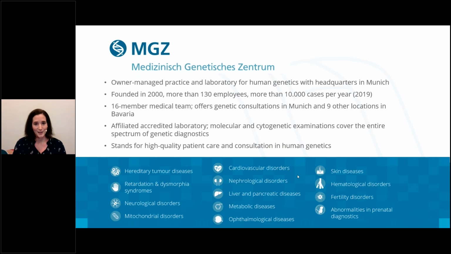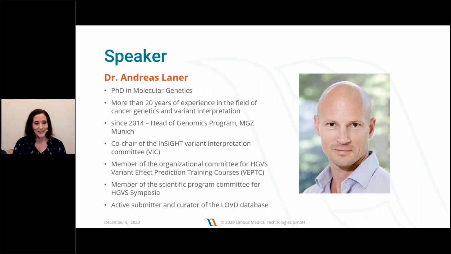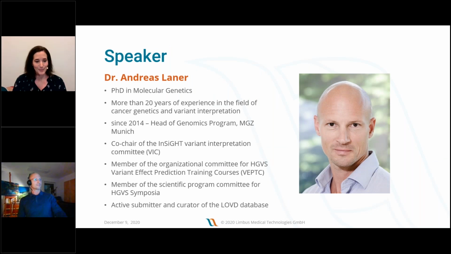And from the NGS, we have here today with us our first speaker, Dr. Andreas. I'm happy to introduce to you. He did his PhD in molecular genetics and has more than 20 years of experience in the fields of cancer genetics and variant interpretation. He joined the MGZ quite early on, I think 16 years if I remember correctly. And since 2014, he's the head of the genomics program there. Besides, he has many other engagements.